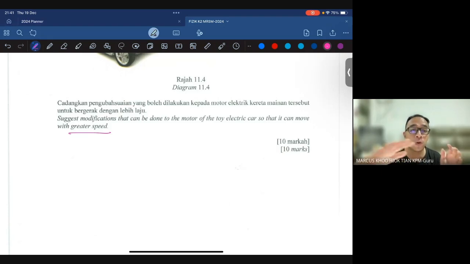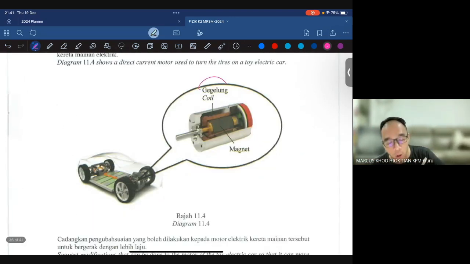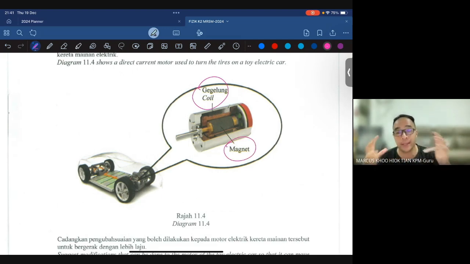But I don't want to go into too much detail. Suffice to say that I think that you should talk about the coil, like the wire and everything, and you should also talk about the magnet itself. So we stick to the same few answers lah. So how do you improve the motor?